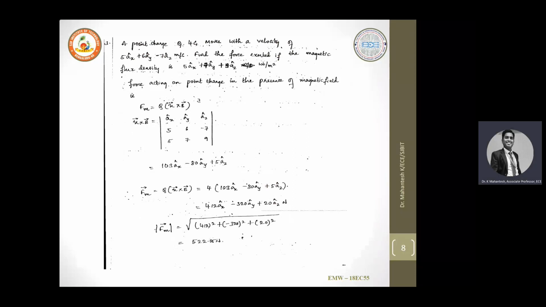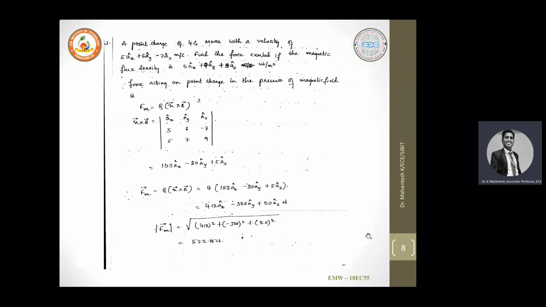So we get V cross B as 103 a_x minus 80 a_y plus 5 a_z. Substituting this into the magnetic force equation, F_m is equal to 412 a_x minus 320 a_y plus 20 a_z newtons. Hence, the magnitude of the magnetic force is given by 522.05 newtons.